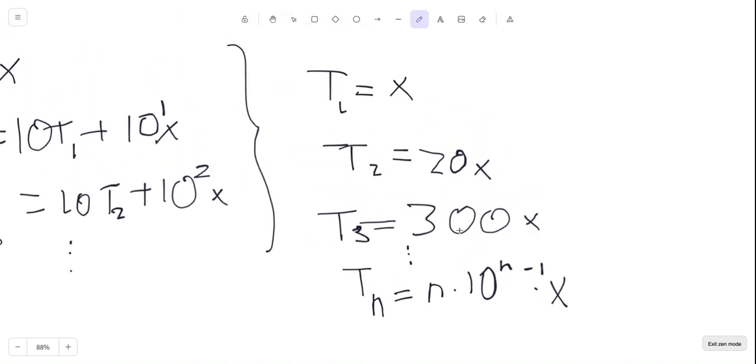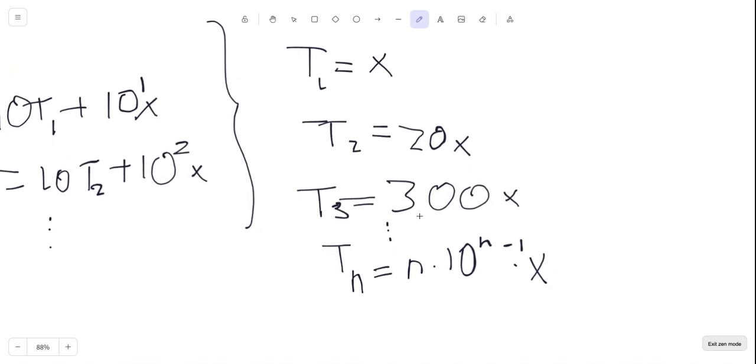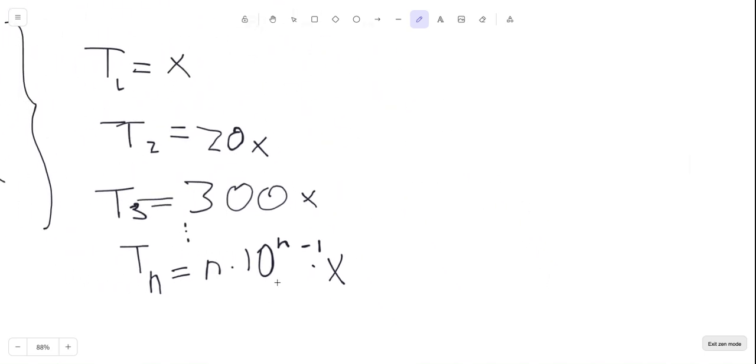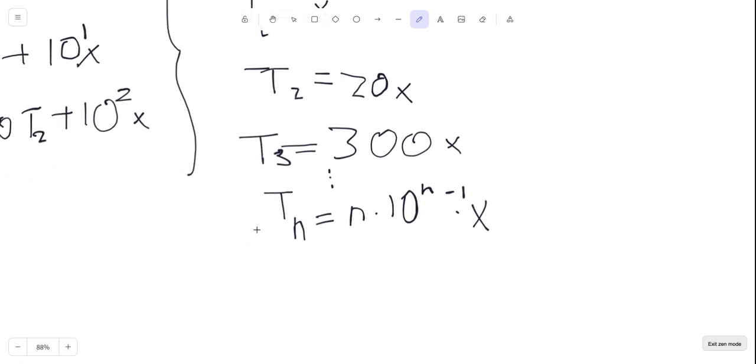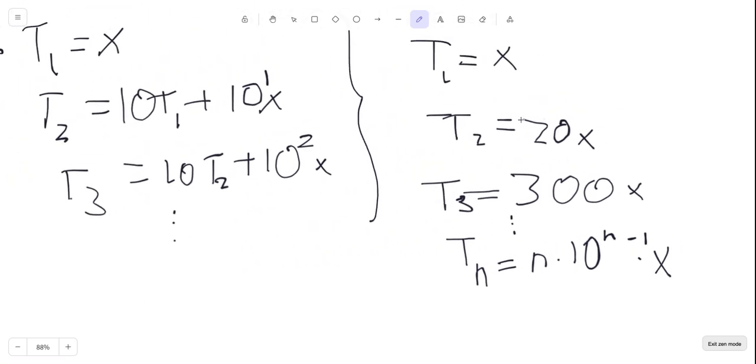Because you're adding a zero, you find out that you're adding a power of 10 each time, and this number gets bigger. So, can we inductively prove this?